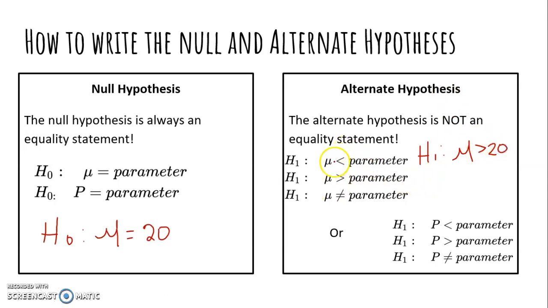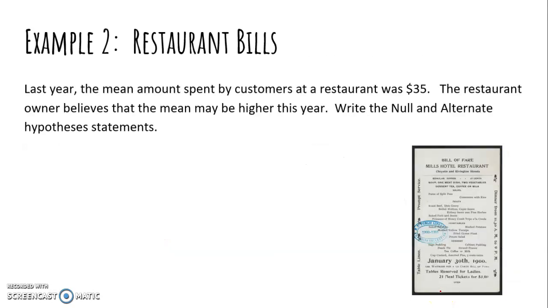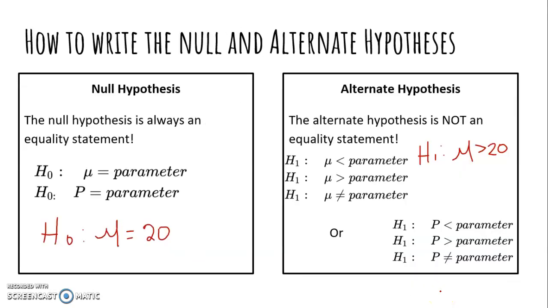You can say that you believe the mean is less than 20, greater than 20, or not equal to 20. We could have used either the greater than 20 or the not equal to 20 for that particular question based on the evidence. You would do the same thing if it was a proportion. You would just use p instead. Okay, so before we go into examples, I'm going to stop this video and we will pick up with example 2 in part 1. I'm sorry, in part 2.